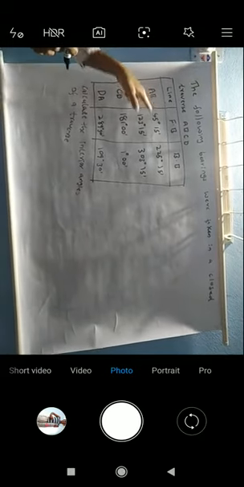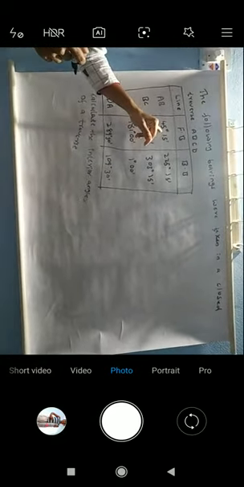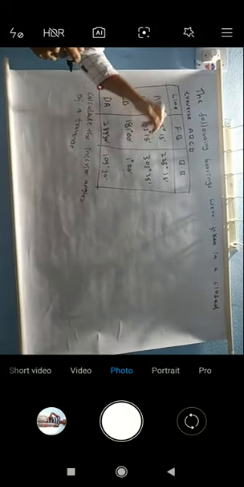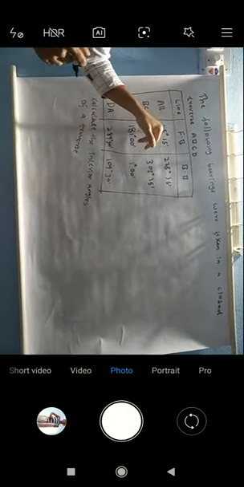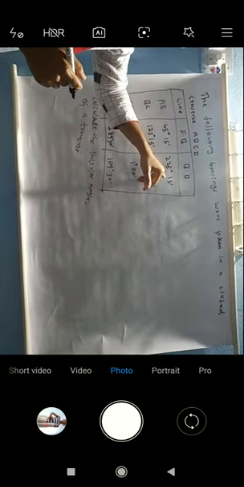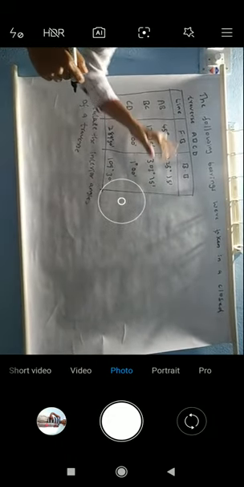For line AB the fore bearing is 45 degrees 15 minutes, which is less than 90, so it starts from the first quadrant and ends at 225 degrees 15 minutes, which is in the third quadrant. So line AB starts from the first quadrant.